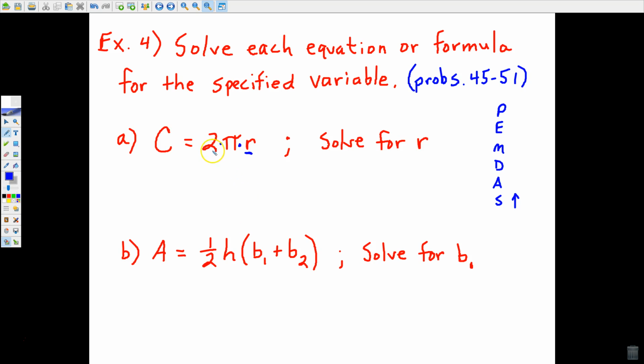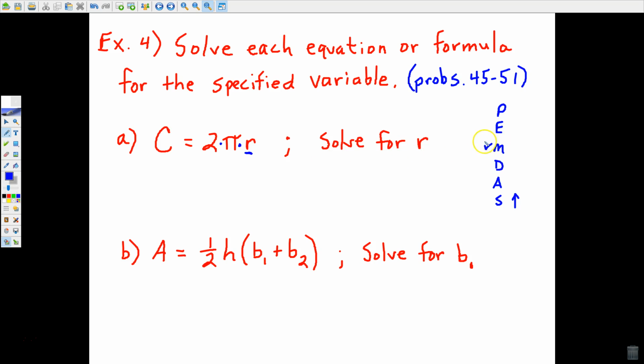I've got multiplication by 2 and multiplication by pi. So when I'm looking at PEMDAS and checking off what is happening to R, there's really only one thing happening, and that's multiplication. I understand it's happening twice, but that's the only operation being performed. So this one's pretty simple.